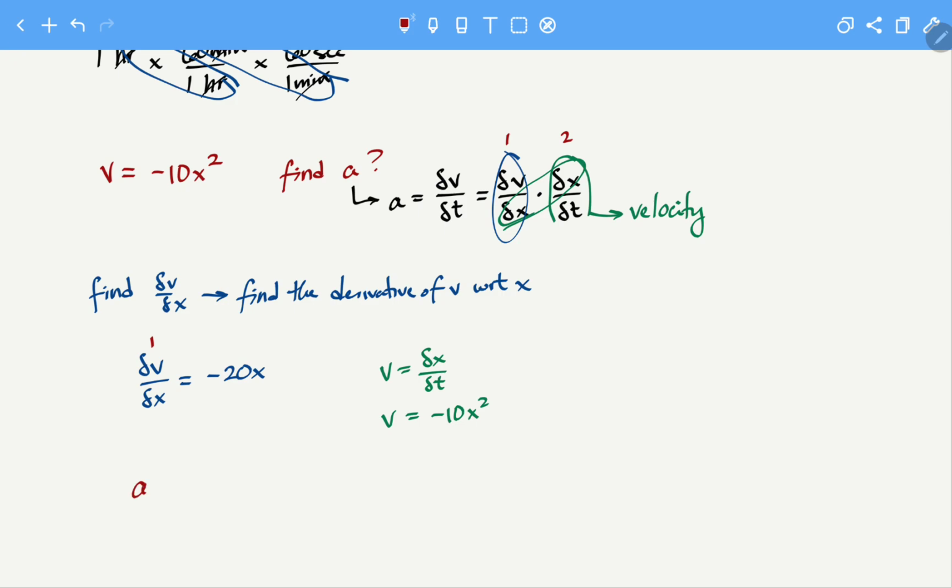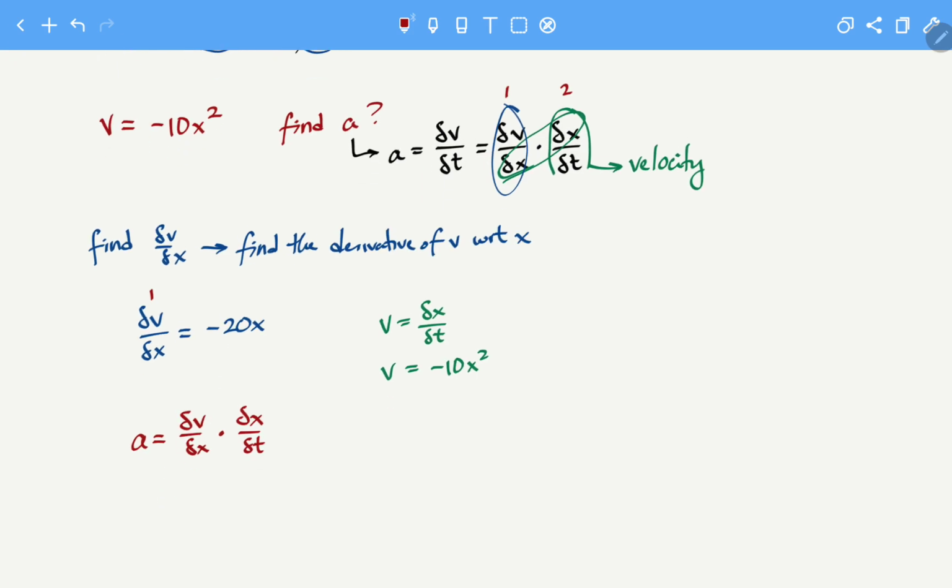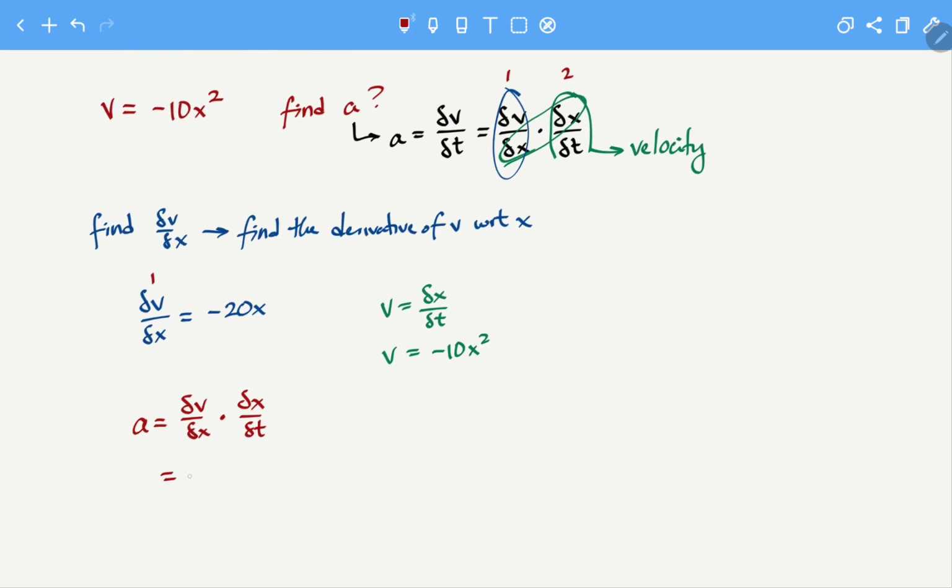So I'm just going to write that out. Acceleration equals dv dx times dx dt, and I'm going to bring that in. So that is negative 20x times negative 10x squared.